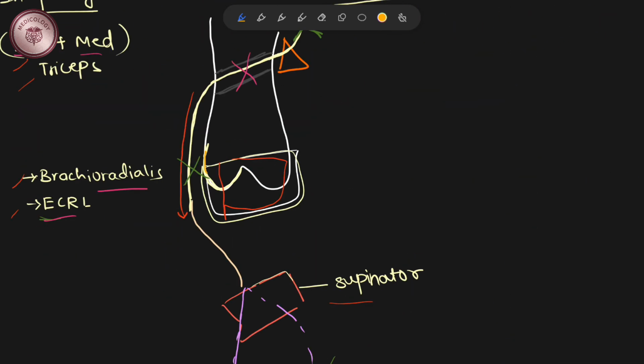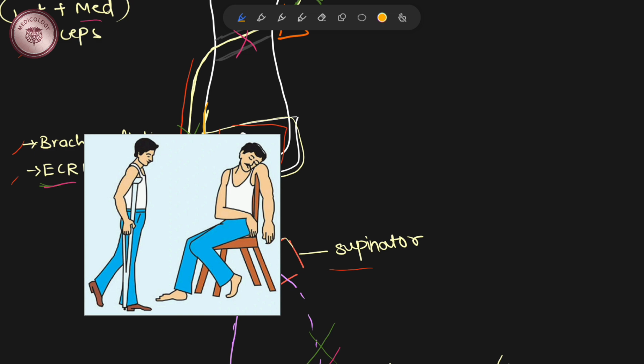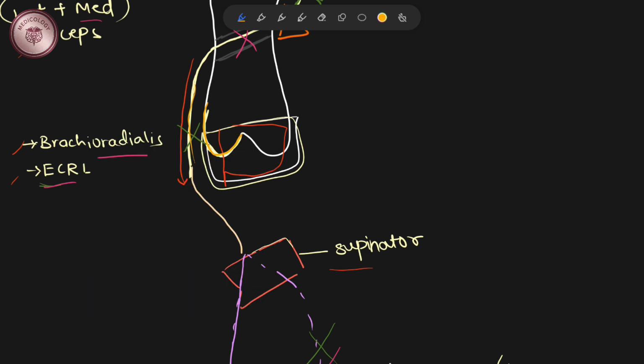This is our lateral epicondyle. What can be seen here? Is the brachioradialis muscle affected? No. ECR is also not affected, because the insertion is from here or there. It is spared. So no wrist drop is seen.